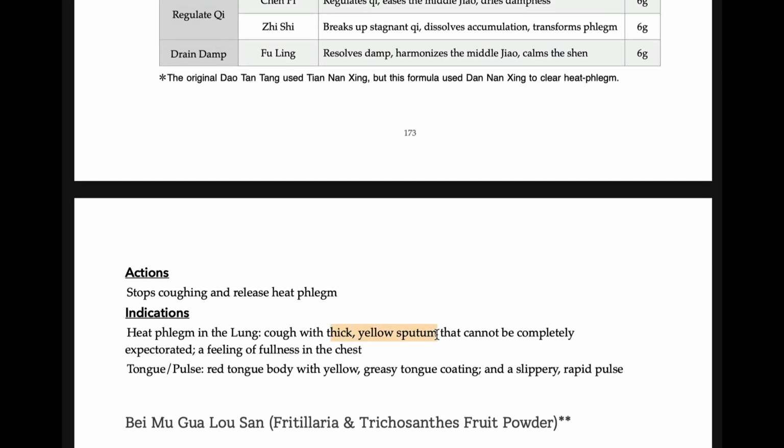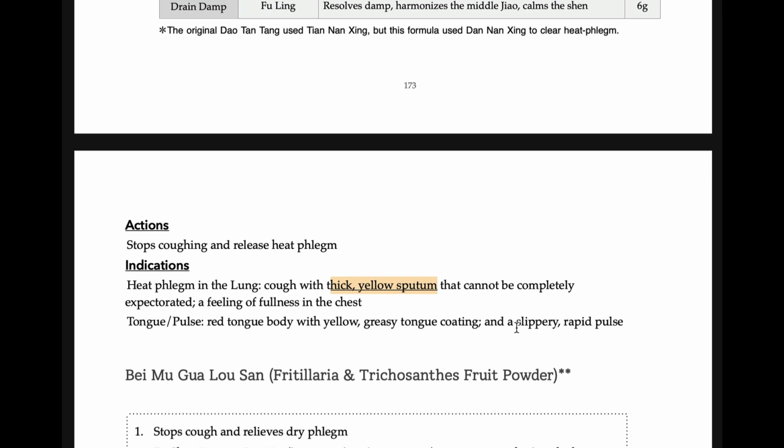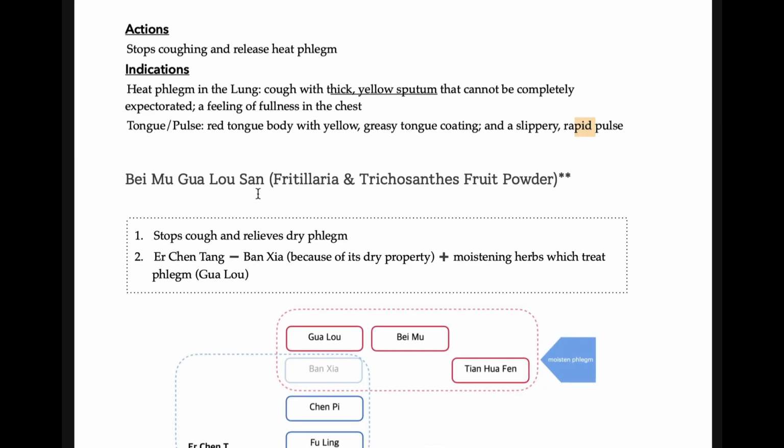So the patient should have a wet cough for Qingqi Huatan Wan, not a dry cough, with slippery, rapid pulse, heat signs, while Beimu Gualou San is for sticky phlegm, not completely dry phlegm, but sticky phlegm.